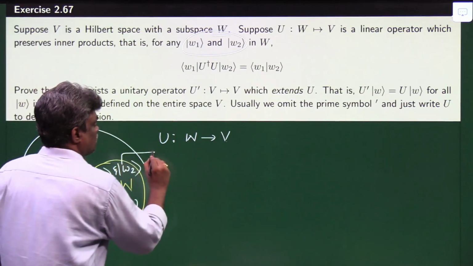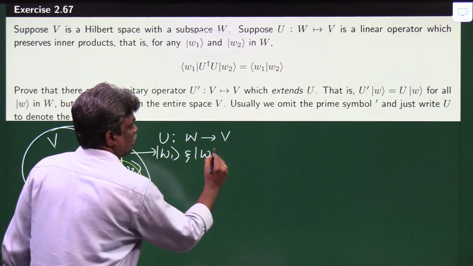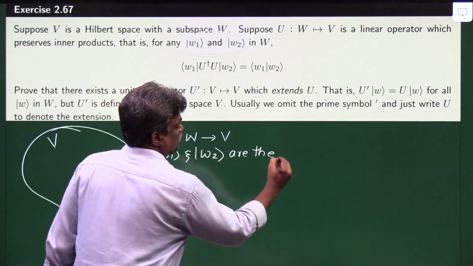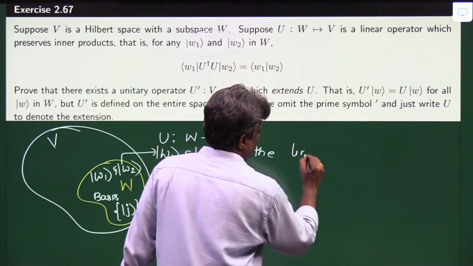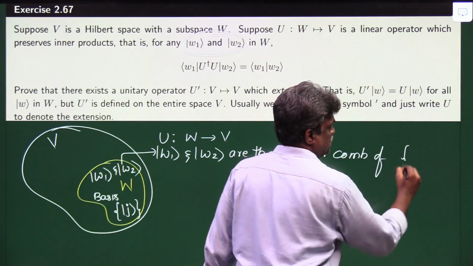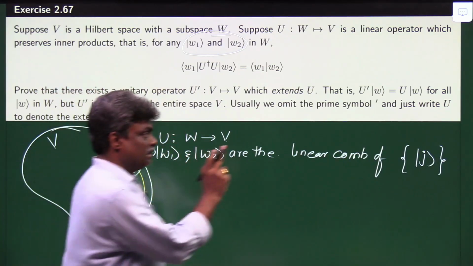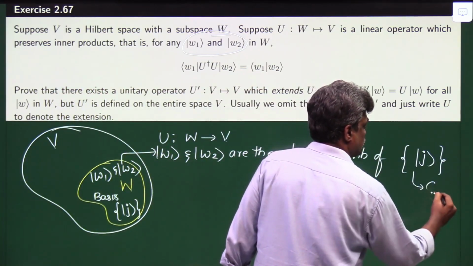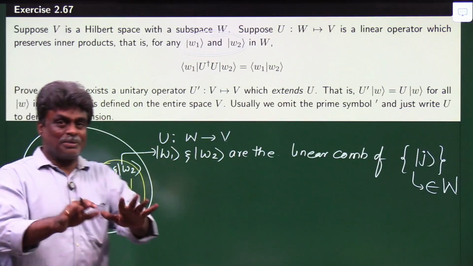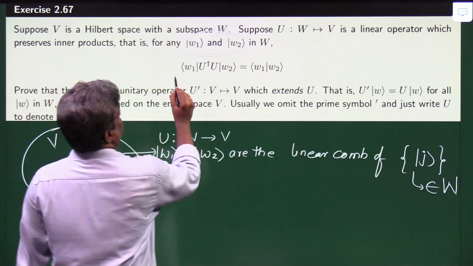So remember, listen carefully, slowly, W1 and W2 are linear combinations of basis states. Here what are the basis states? J. Remember, this J belongs to W. Okay, fine. Next, they have given this definition.